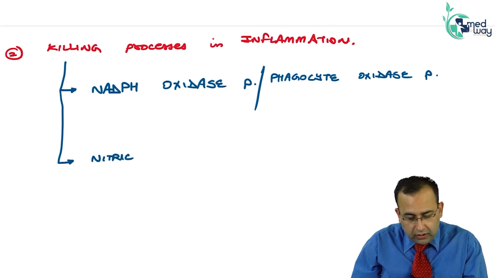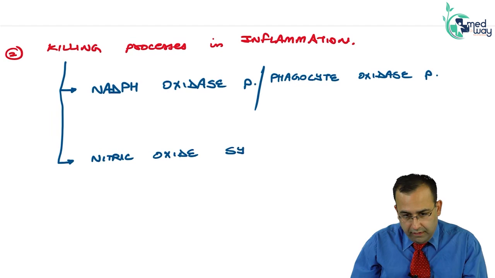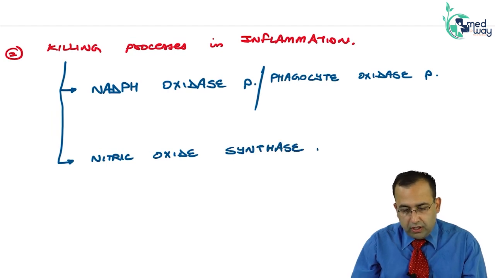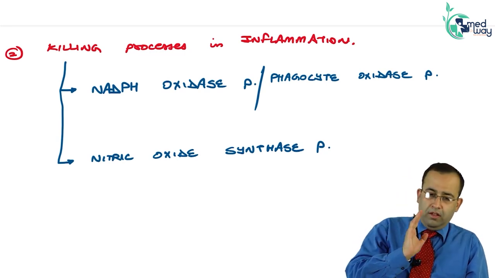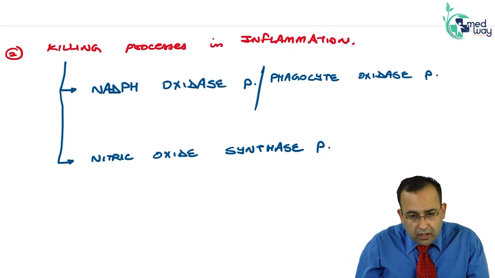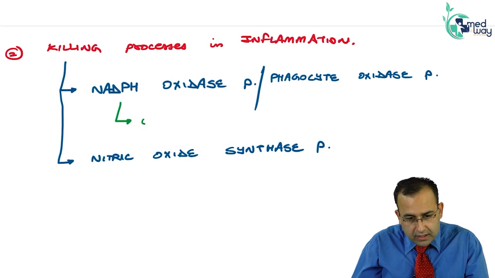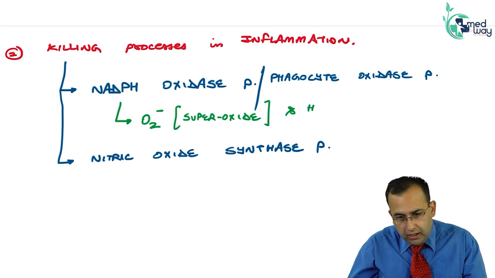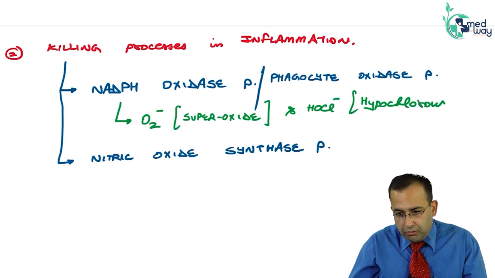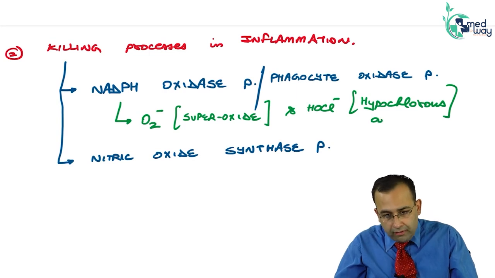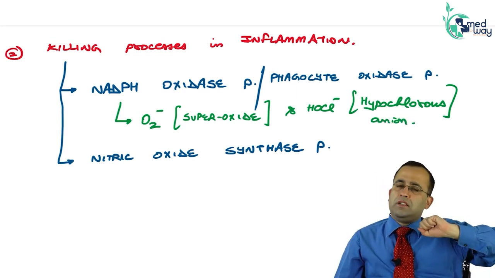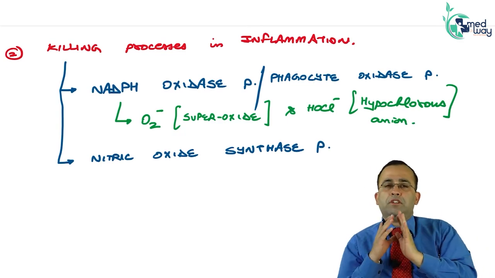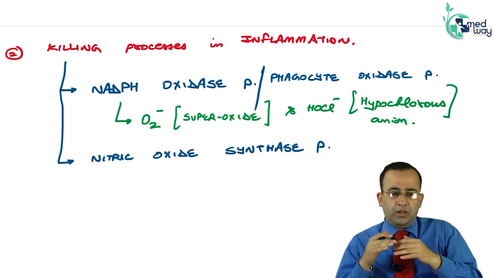NOS, the nitric oxide synthase pathway. So there are two main pathways of killing. The NADPH oxidase pathway is associated with the formation of two free radicals, superoxide anion O2 minus and hypochlorous anion HOCl minus. Not to worry about how it forms them or the steps involved, we will do everything in the chapter on inflammation.